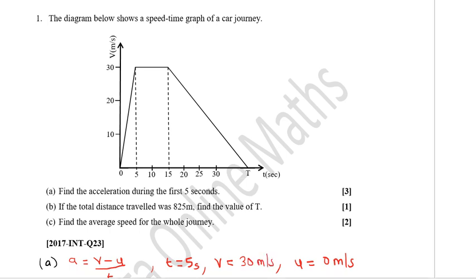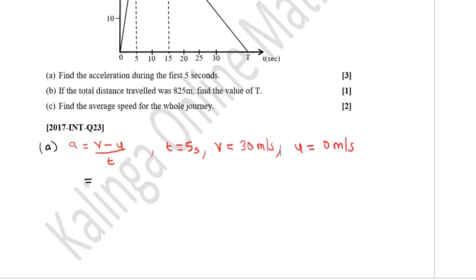Now we can look at our formula. We are going to write 30 minus 0 over the value of t, which is 5, the time. So 30 minus 0 is 30 over 5.